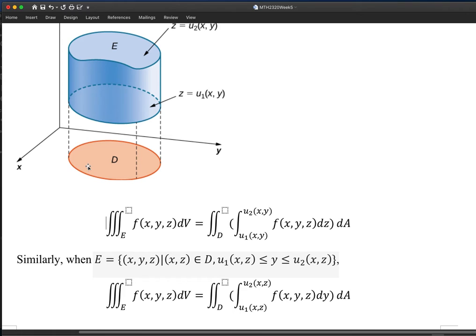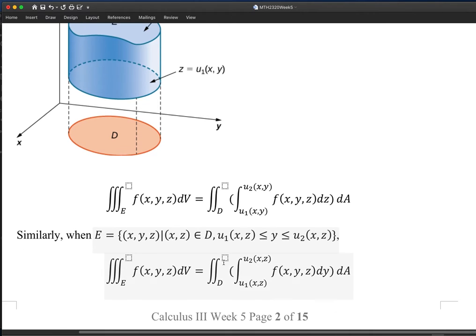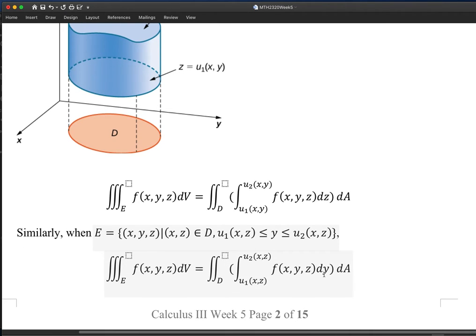Similarly, if you happen to have a general region or solid such that you can look at the solid along the y direction, and the surface to the right covers exactly the surface to the left, then you can evaluate the triple integral by doing y first.